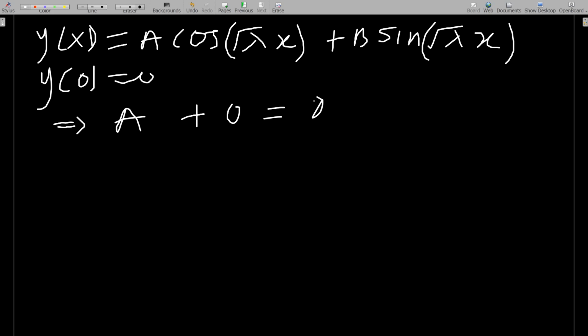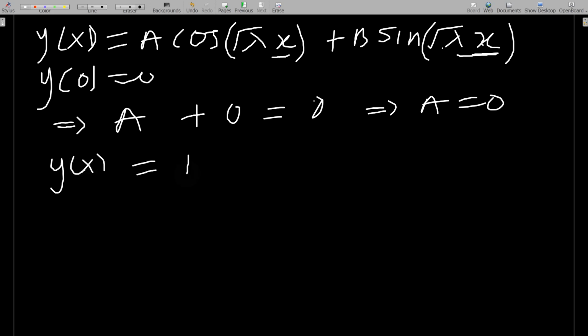I hope you understand, because when I put 0 here, I'll get sine of 0 times that, which is 0, and here cos of 0, which we said is 1, so this implies that our a will be equal to 0. So our function is actually equal to b sine of square root of lambda x, because our a is 0.